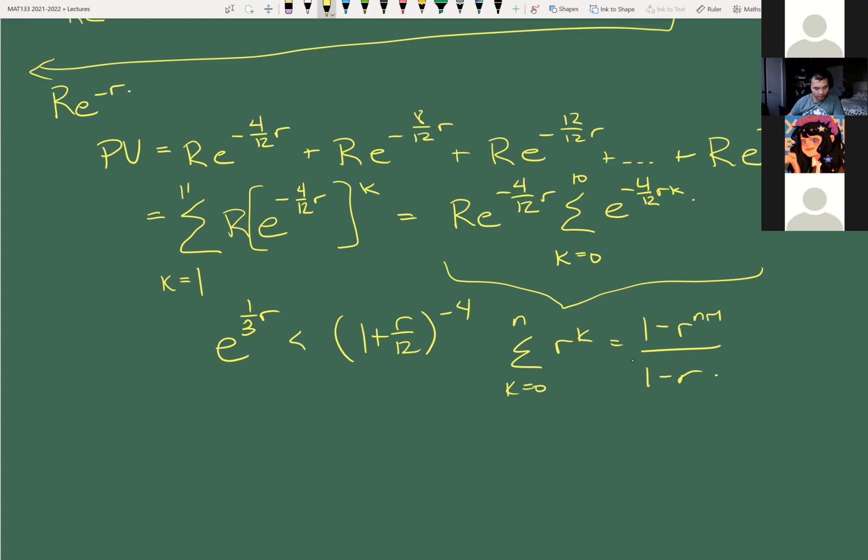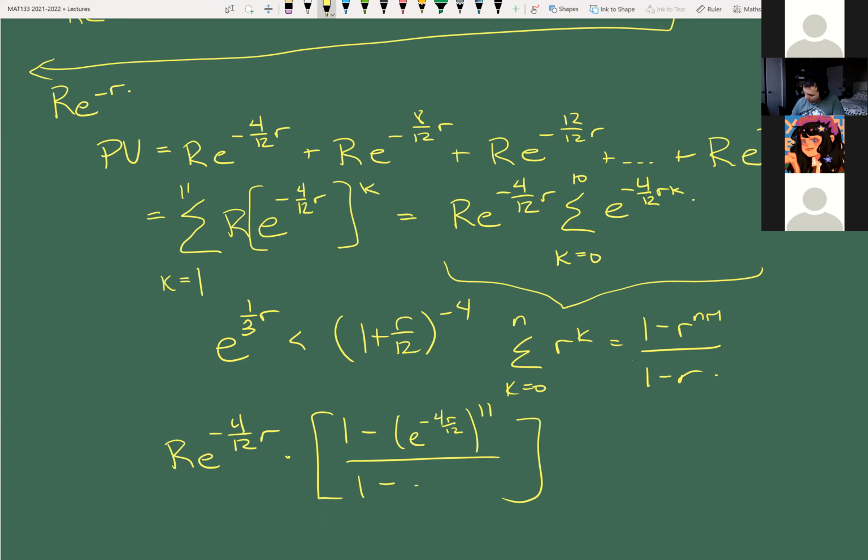So if I plug this in, with r equal to e to the negative 4r over 12, this is the part where I plug it into the sigma notation: 1 minus e to the negative 4r over 12 to the power of 11, divided by 1 minus e to the negative 4r over 12, like that. And there it is, right? I would probably simplify the numerator a little bit by multiplying the 11 in, but I don't need to go much further than that.